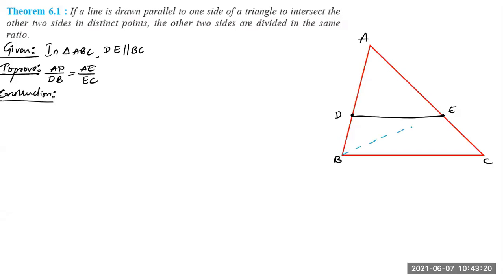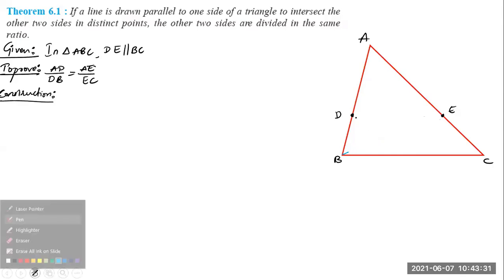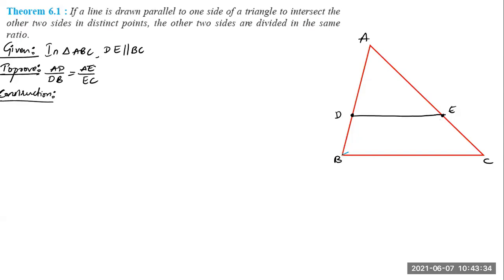So I'm going to join the line BE and I'll join CD. So we'll write: join BE and CD.